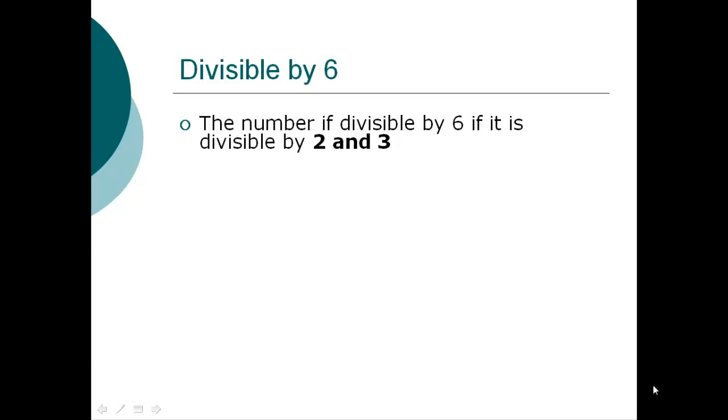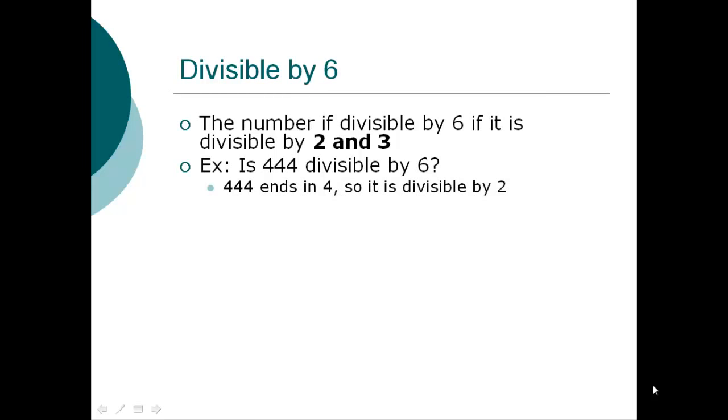For whether a number is divisible by 6, we look at if the number is divisible by 2 and 3. So basically we're just using rules that we applied earlier for 2 and 3. Now both rules have to be true in order for 6 to be evenly divided into the number. Now here's an example. Is 444 divisible by 6? We first look at whether the number is divisible by 2, and clearly it is because it's an even number.